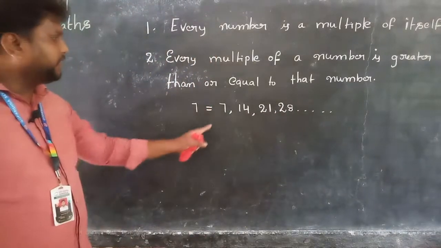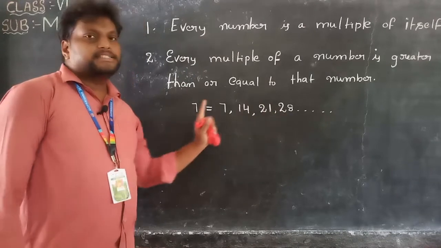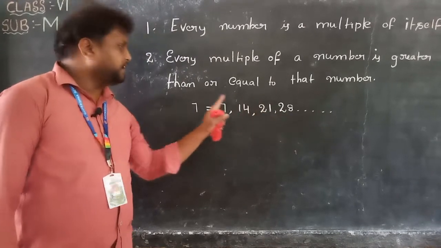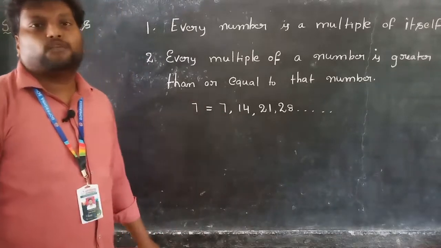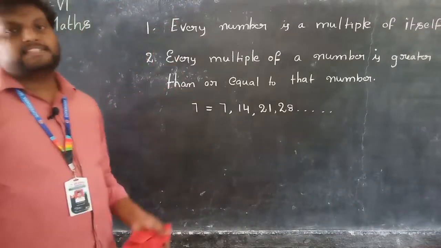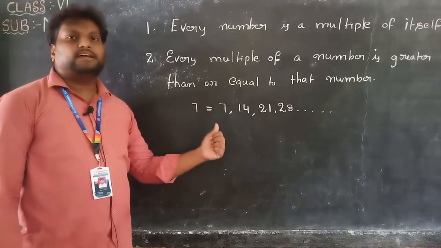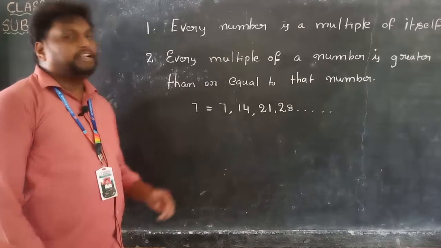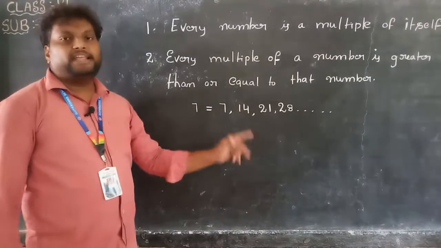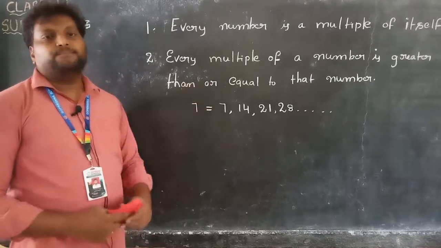Here, 28 is greater than 7, 21 is also greater than 7, 14 is also greater than 7, and 7 is equal to 7. Same as in factors, every factor is less than or equal to the given number; in multiples, every multiple is greater than or equal to the given number.